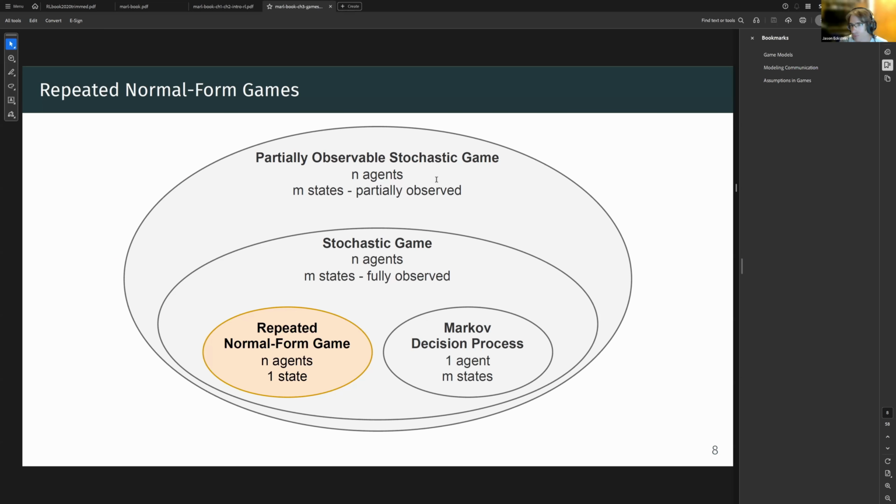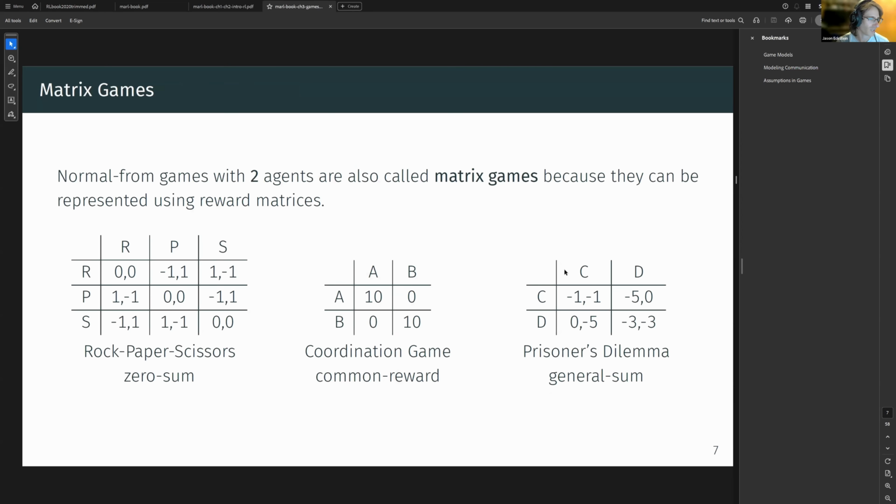So, the first step forward into what would be considered the first real multi-agent problem is repeated normal form games. Still have one state, of course. Now, in this case, the game itself is the state: we are playing this game, and we're just repeating it.